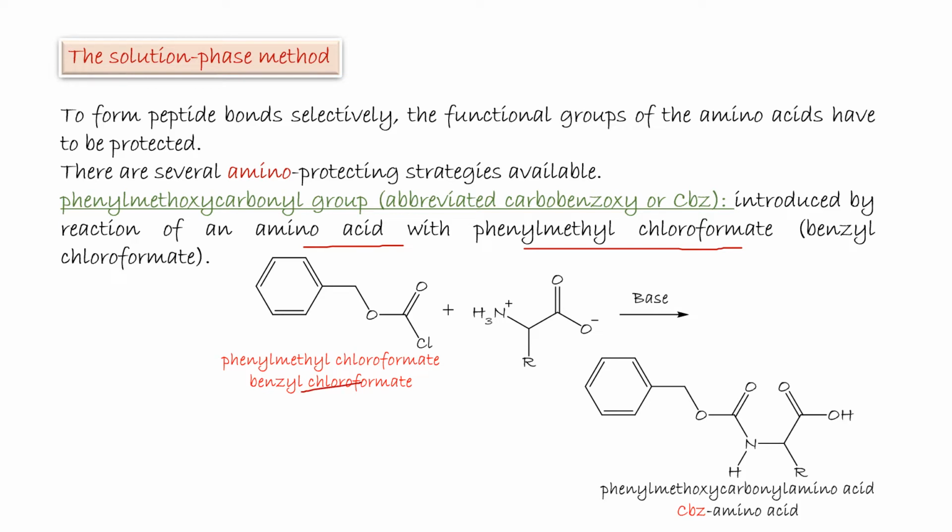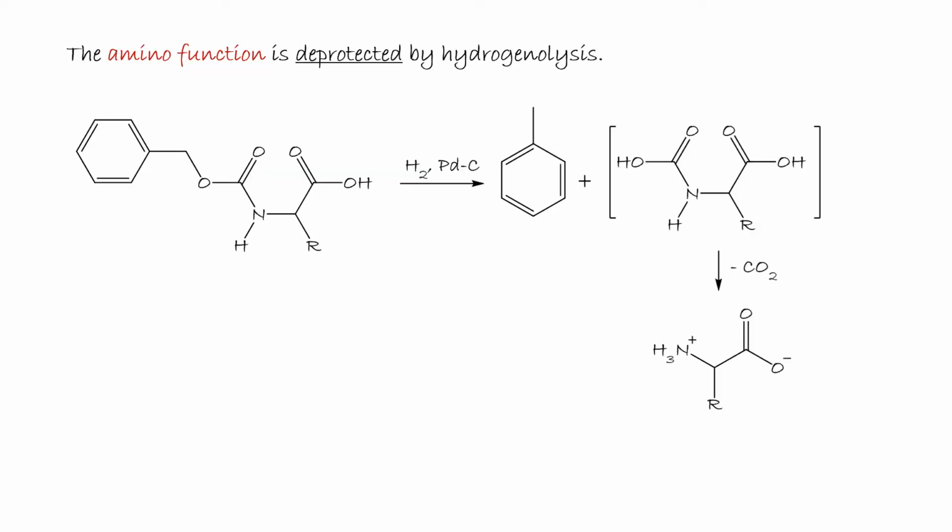Reacting benzyl chloroformate with an amino acid under basic conditions, like pH 8, will lead to the formation of N-protected amino acid, N-phenylmethoxycarbonyl amino acid, which we abbreviate as CBZ amino acid. The amino function is deprotected by hydrogenolysis.